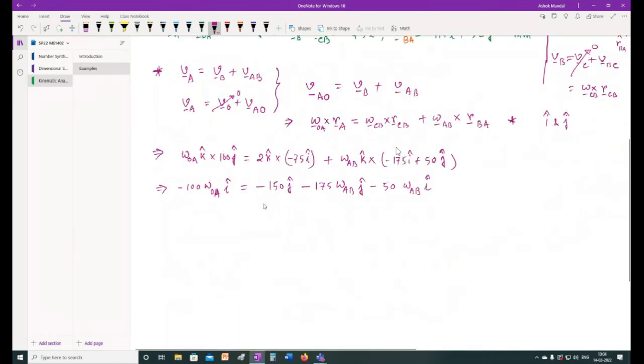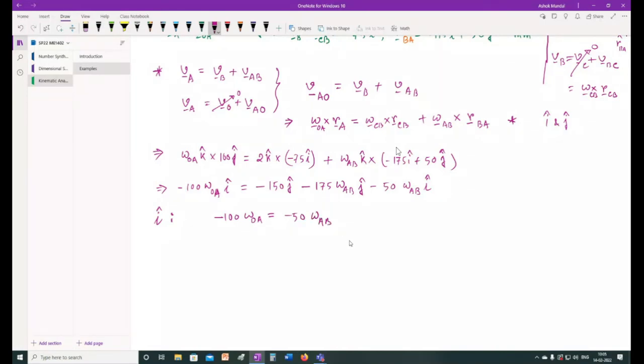As I said, this is a vector equation in planar motion, so it is equivalent to two algebraic equations. How? We just separate the coefficients of I and J. When you separate the coefficients of unit vector I, you have omega OA equals minus 50 omega AB.